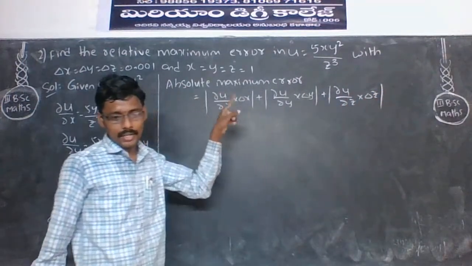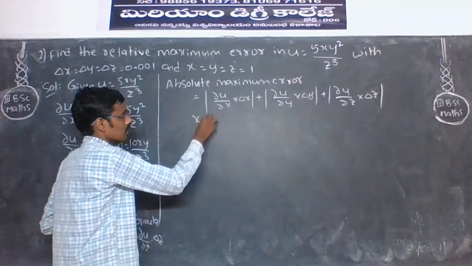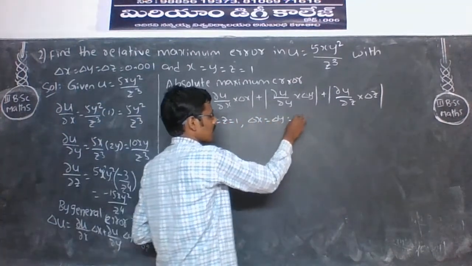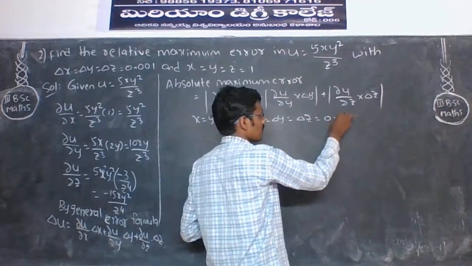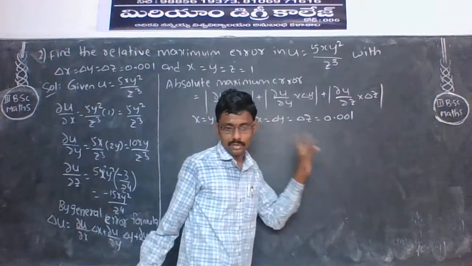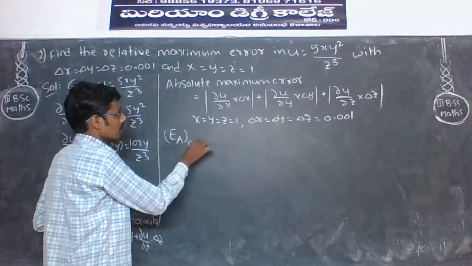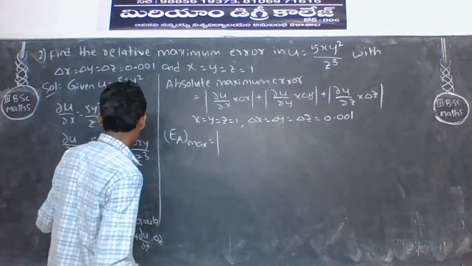X is equal to y is equal to z is equal to 1 and delta x, delta y, delta z is equal to 0.001.